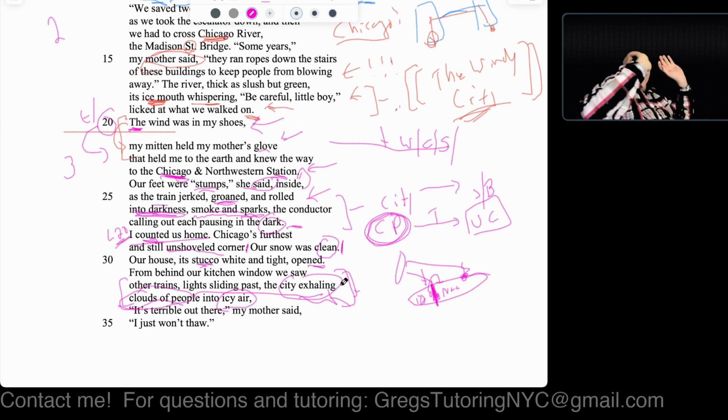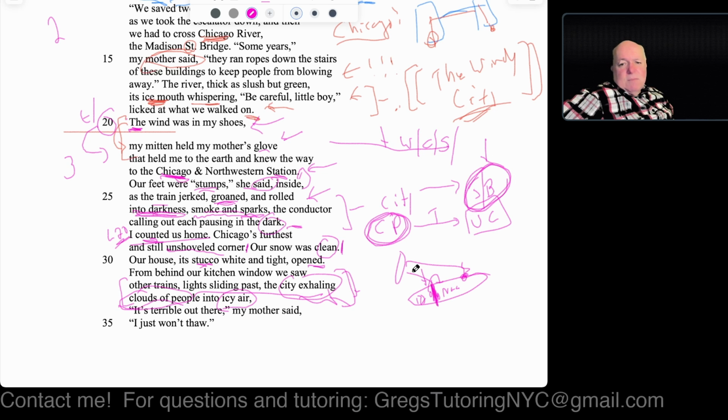That's the city exhaling them, right? The Chicago proper, they're coming to their houses, and obviously in his neighborhood to the suburbs. Now everybody's not going to the suburbs, but at least he did. And again, we don't know exactly for sure if they live in the suburbs, but they don't live in the middle of the city proper. We know that for sure.